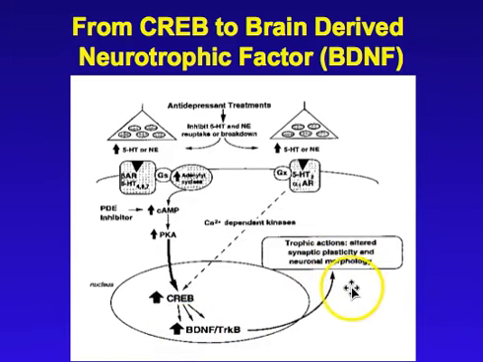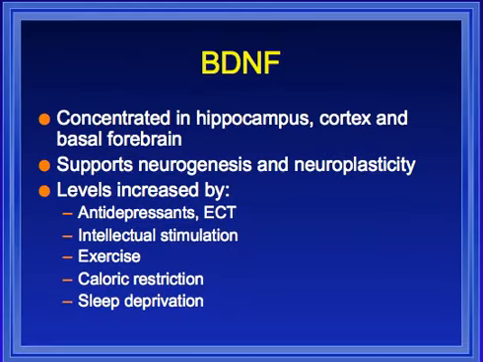These trophic actions alter synaptic plasticity and actually promote growth of neurons and their connections. BDNF is concentrated in the hippocampus, cortex, and basal forebrain. The levels are increased by antidepressants, electric shock therapy, intellectual stimulation, exercise, caloric restriction, and even sleep deprivation. And curiously, all of these can have impacts on mood.